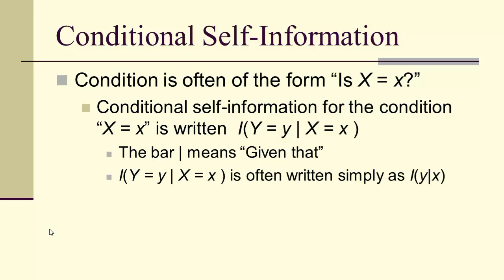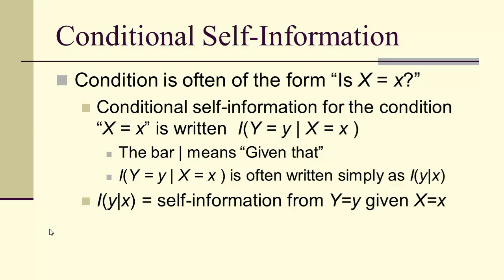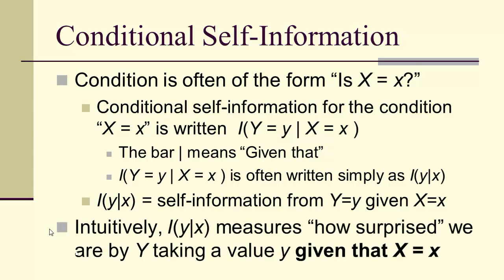The bar there means given that. And very often we just drop the capital X's and Y's and write the self-information of y given x, and this is capital Y taking the value little y, given that capital X takes the value little x, as we see here. Intuitively, the self-information of y given x measures how surprised we are that Y took the value little y given that X equals x.